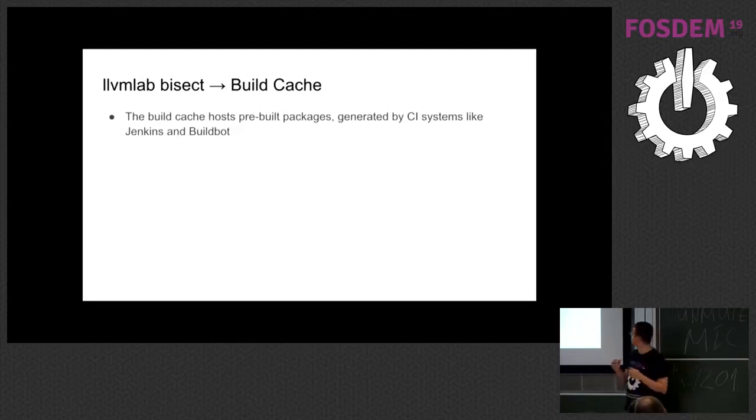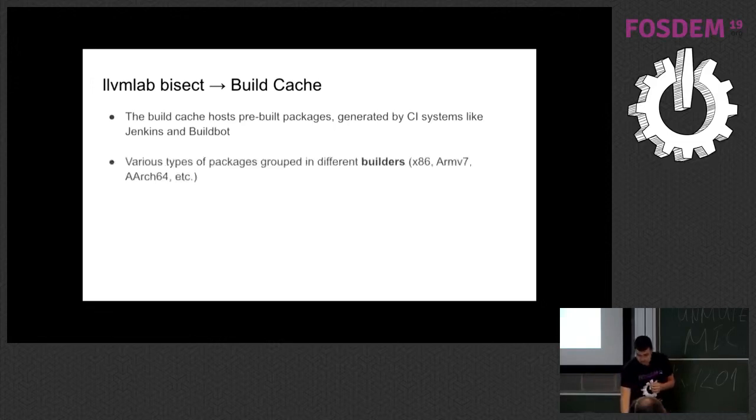Basically, CI systems, so continuous integration systems, like Jenkins and BuildBot, generate these packages. There are many types of packages that you can use out of the box, like x86 packages, ARMv7 and AArch64. They are stored on Google Cloud Storage, so you can download them.